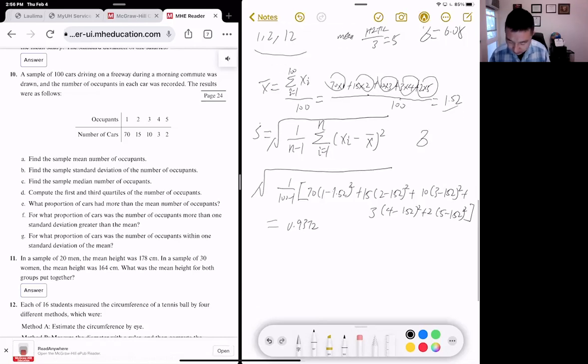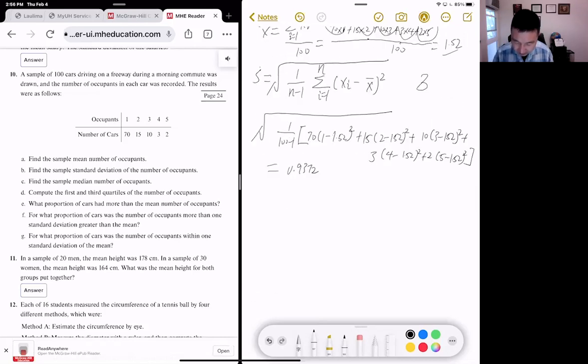Let's continue. Find the sample median number. Sample median is the 50th percentile, because when we do the median, we need to calculate (n plus 1) divided by 2, and depending on whether it is an integer or not.